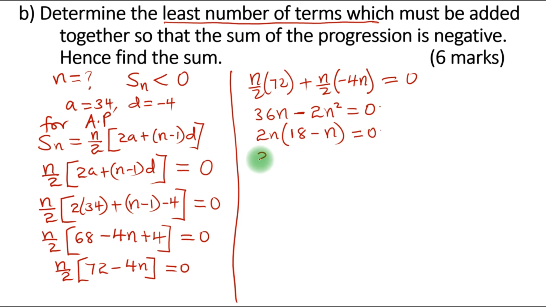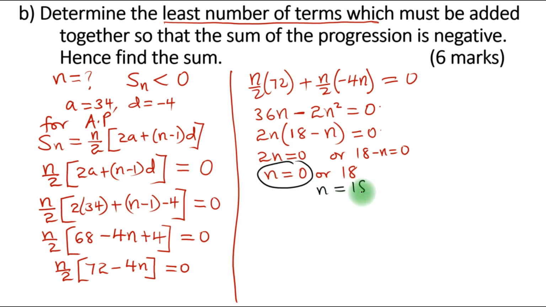Therefore, either 2n is equal to 0 or 18 minus n is equal to 0. Therefore, n is equal to 0 or 18. But n cannot be 0. Therefore, n is equal to 18.